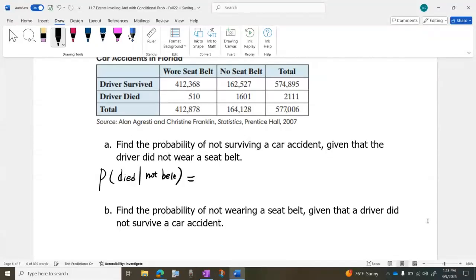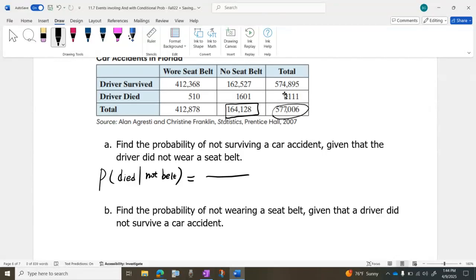Okay? So originally, we consider all the subjects, that is 577,006, right? But now we already know the subject did not wear a seatbelt. So we are not going to consider this many subjects anymore. We are going to consider those people who did not wear a seatbelt, right?